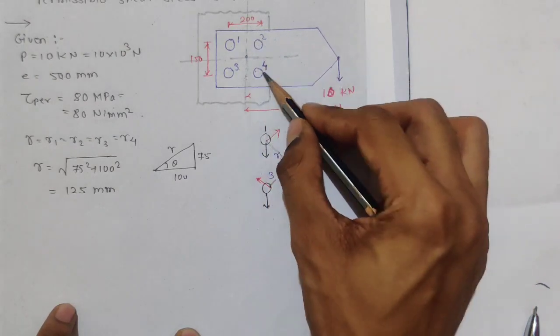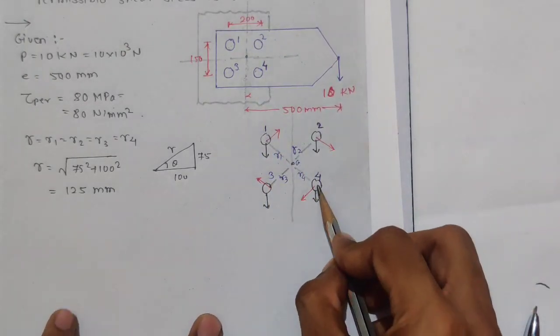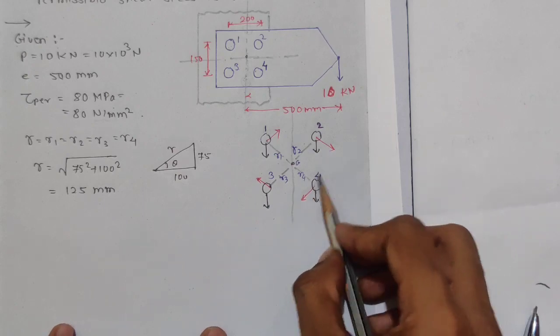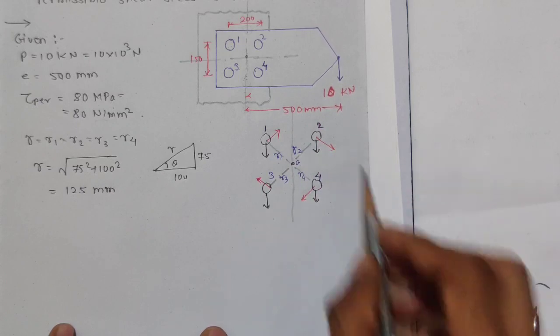So for now, 2 and 4 are carrying the highest load. Both have the same angle theta, so both have the same value.